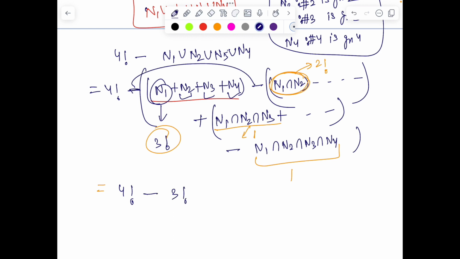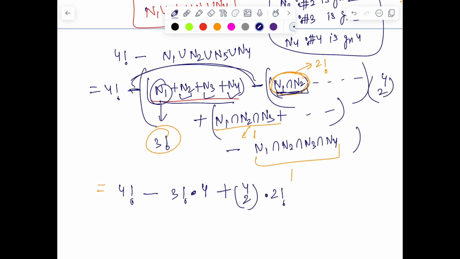Okay, so let's calculate this value. We have a total of 4 factorial minus 3 factorial, and since minus and minus will become plus, we have 4 factorial minus 3 factorial into how many terms? 4 terms. Now minus minus becomes plus. So we have plus, how many terms are there having 2 factorial count?